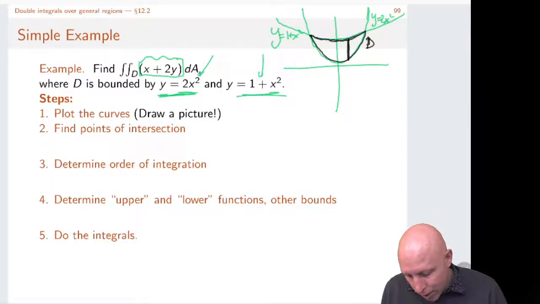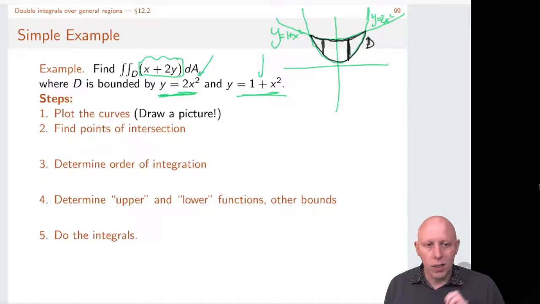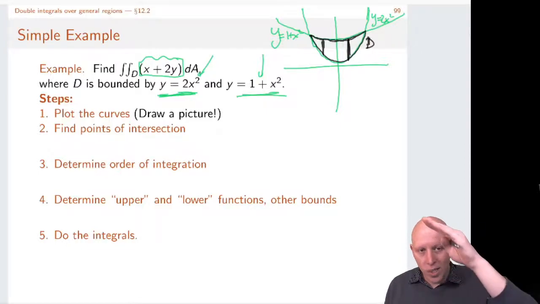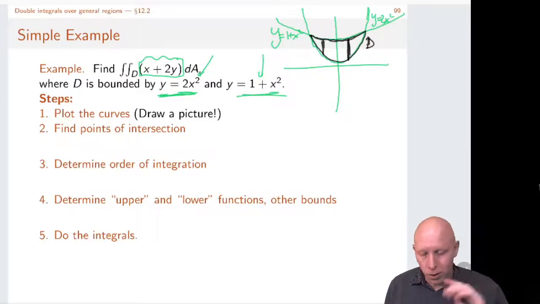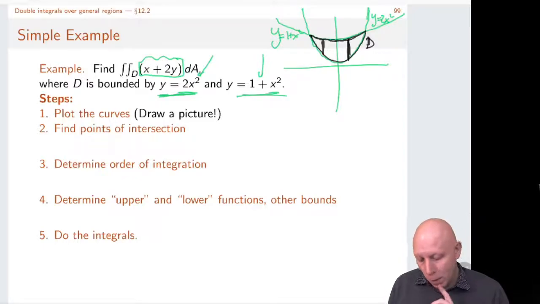No matter where I put my vertical slice here, do I have the same lower function and the same upper function? And as I start to fill in some teeth here, haha, it looks like a mouth, I start to see that when I make these vertical slices, that is the case. I always have the same upper function, I have the same lower function. So that means that I'm on the right track, that I want to slice vertically.